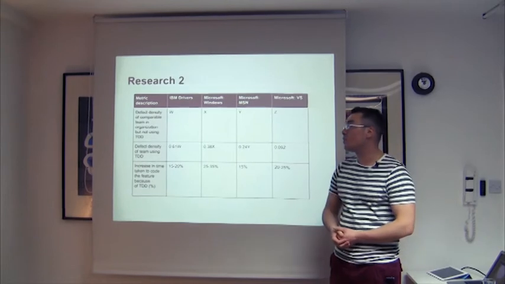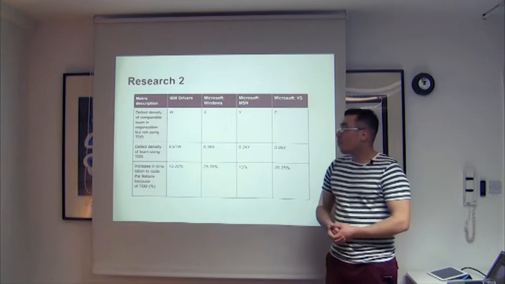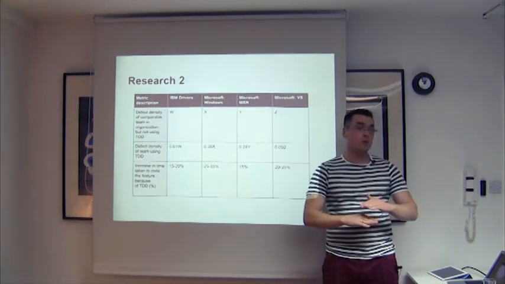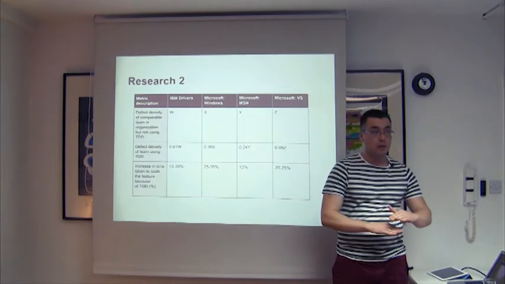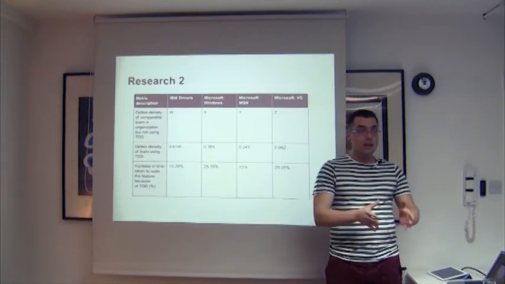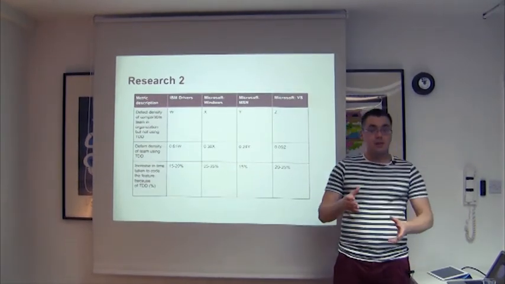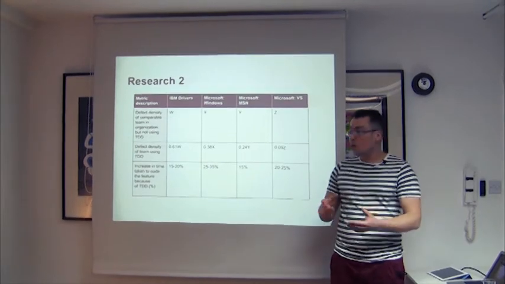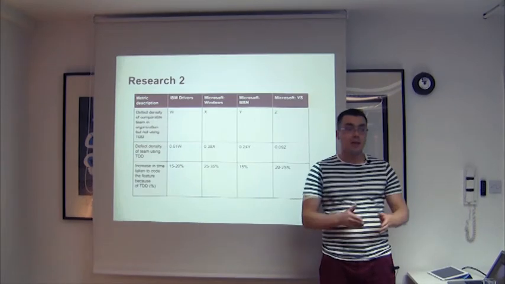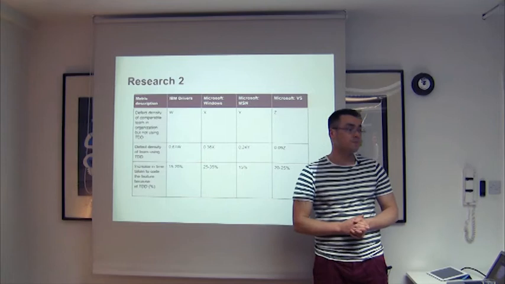The IBM team was working on drivers, the Microsoft team was working on Windows, MSN, and VS. What they found was that when a team was using test-driven development, the number of defects in their code was less by 40 to 90%, and the additional time required to work in that way was between 15 and 35%. So that was the finding of this study.